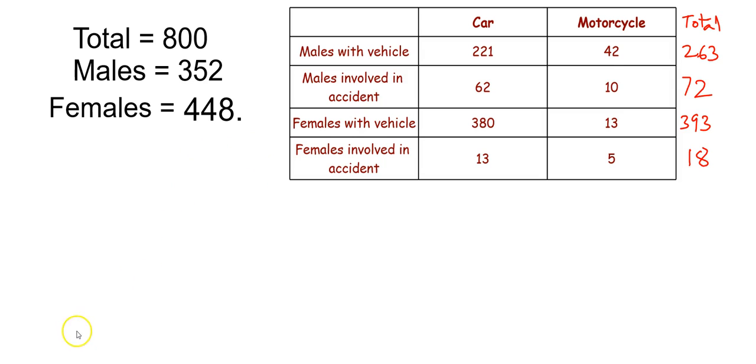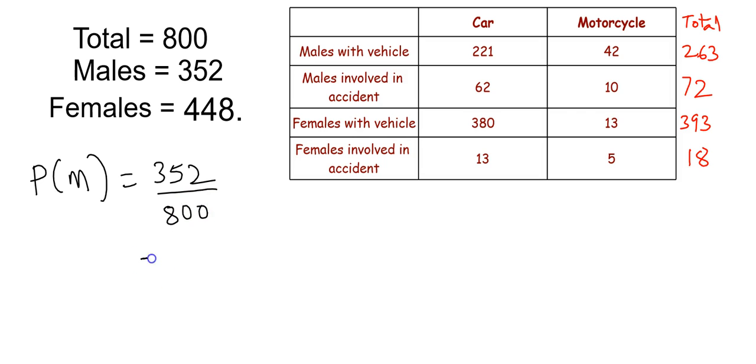So now the probability of males, P of M, is equal to 352 over 800.